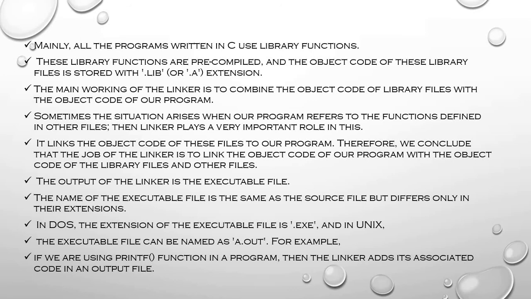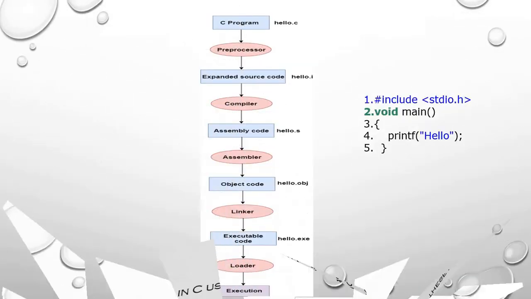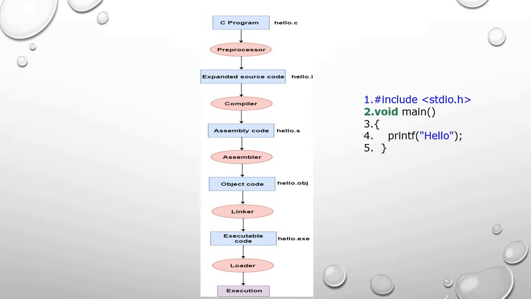If we are using the printf function in the program, then the linker adds the associated code in the output file. Basically, the printf function is used for output. So the linker will associate with that particular output file. You can see over here how this program will get executed. Over here, #include is the preprocessor directive I have used. The hash represents my preprocessor and #include is my preprocessor directive.